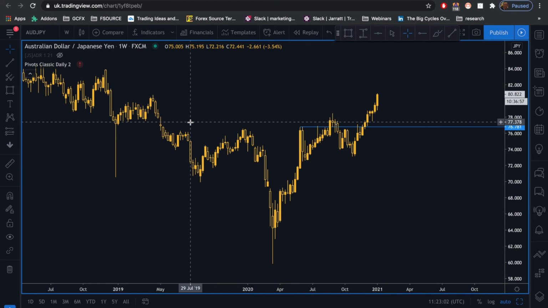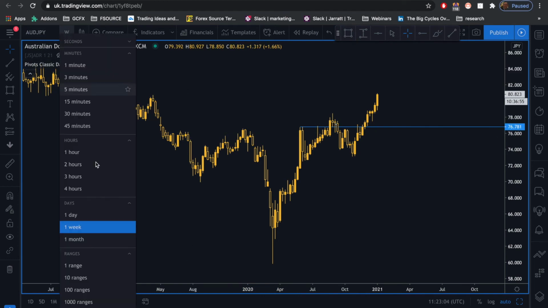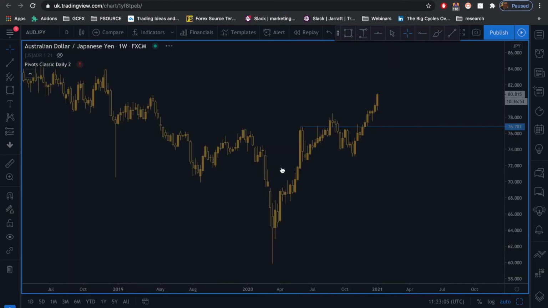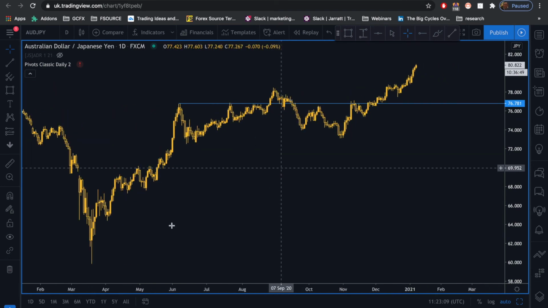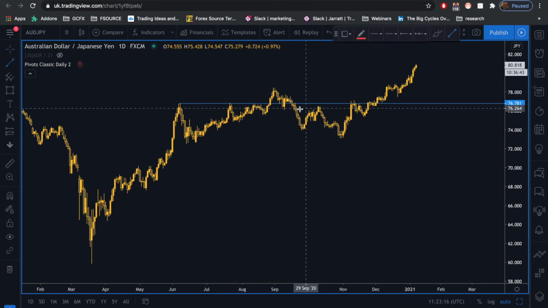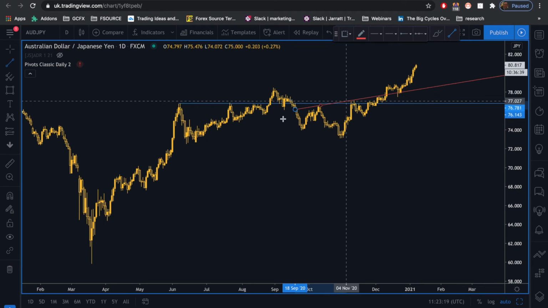But I was also in this trade with a Head and Shoulders pattern as a continuation pattern. So you can see here we had price moving higher, and then we have here a Head and Shoulders pattern as a continuation pattern.